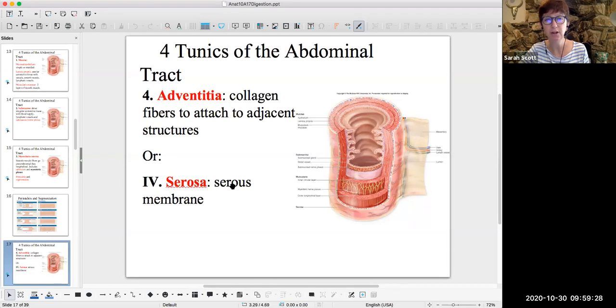Remember, mesenteries are made up of serous membrane. Adventitia, you would find, say, if you were looking at the outermost layer of the pharynx. When you're way up here in the pharynx, that's obviously not in the thoracic cavity. So the connections between the pharynx and surrounding structures would be known as adventitia.